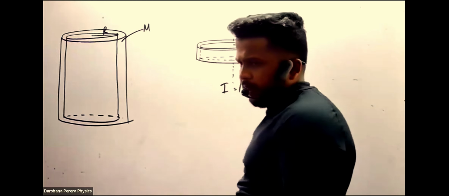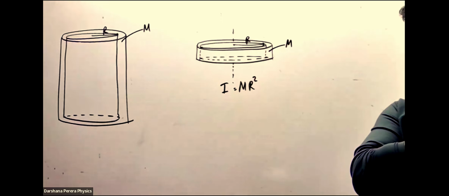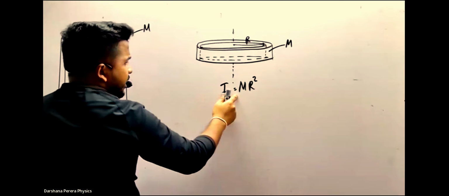Okay, write down the thing: I equals M R square. Then you can simply say the I is M R square.